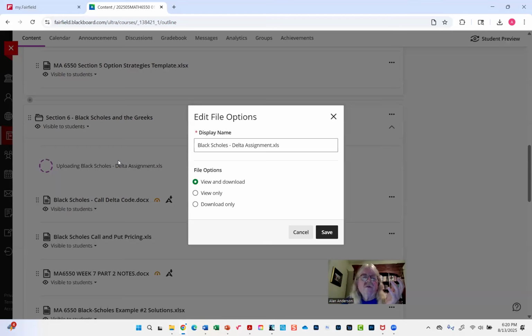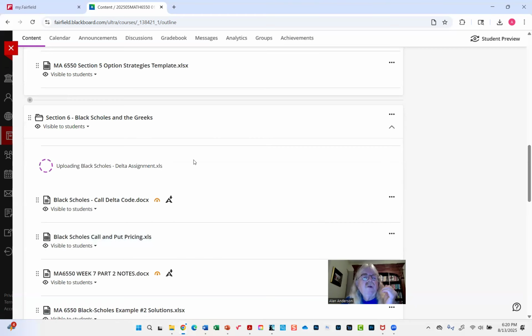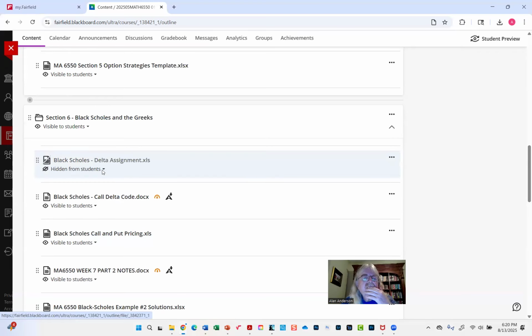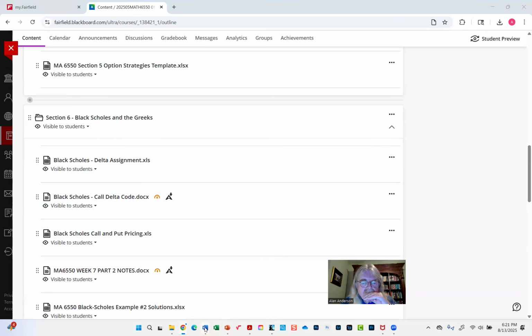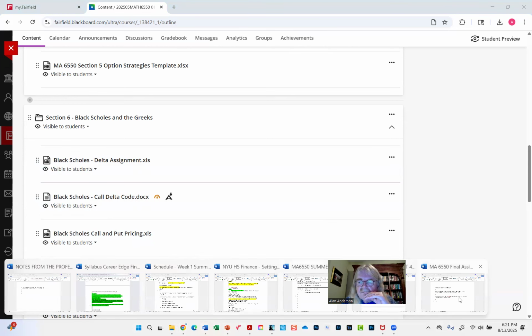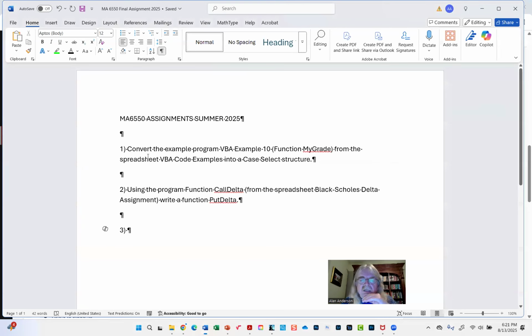Now, what's the point of this? What I would like you to do is take that code and rewrite it, and it will only take a very minor change to calculate the delta of the put. This one involves a call, using the program function called delta.